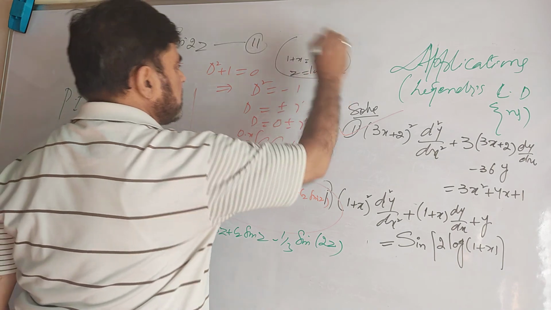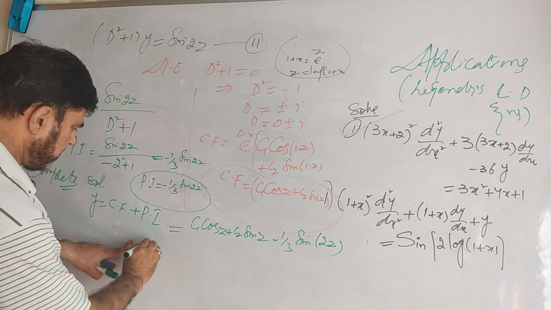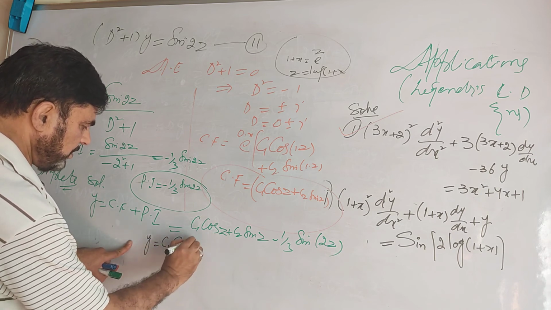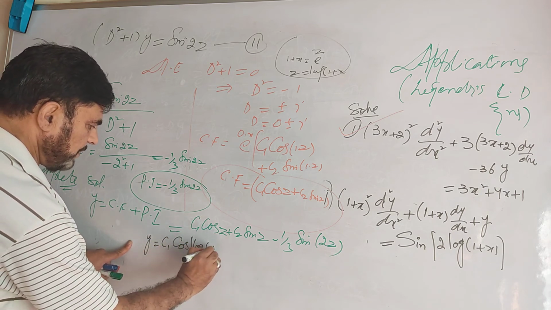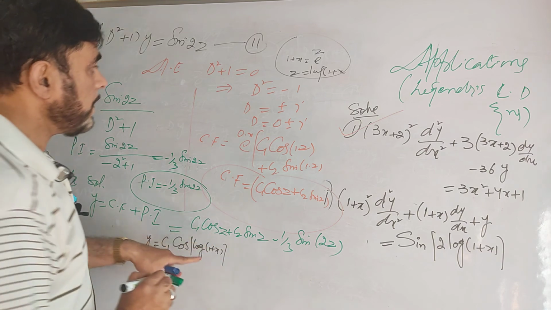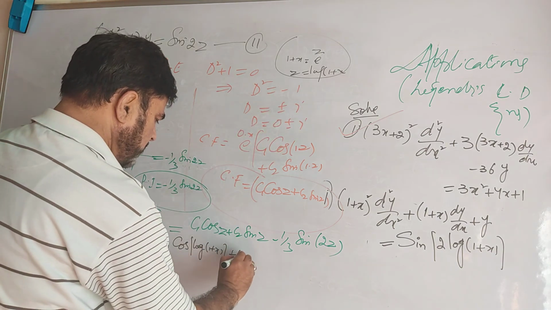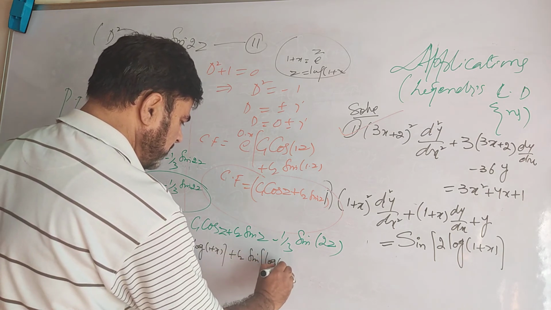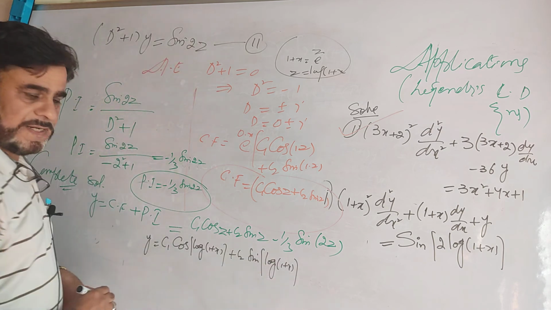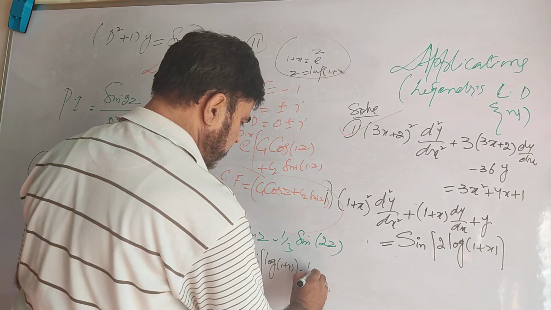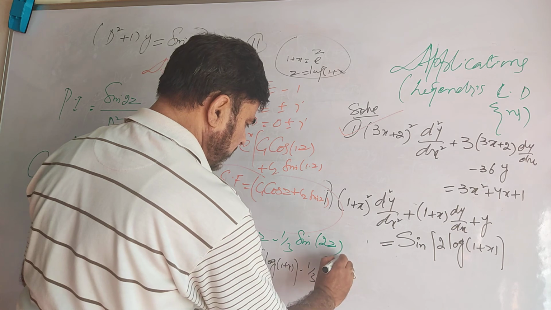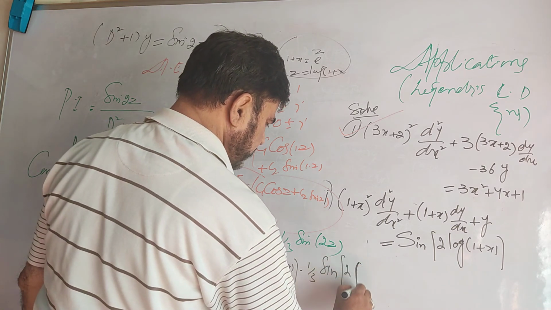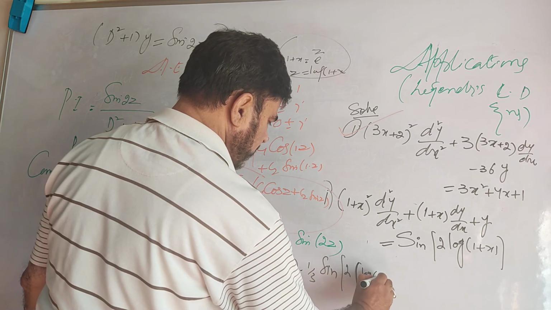Now come here, the solution is y = c1 cos of log(1 + x), the value of z, plus c2 sin of log(1 + x), the value of z, then minus 1/3 sin of 2 times z, again log(1 + x).